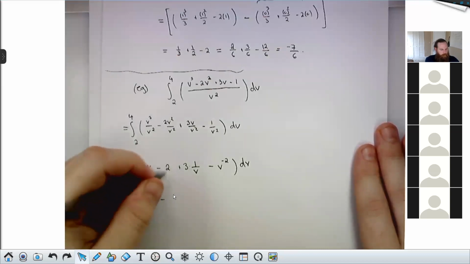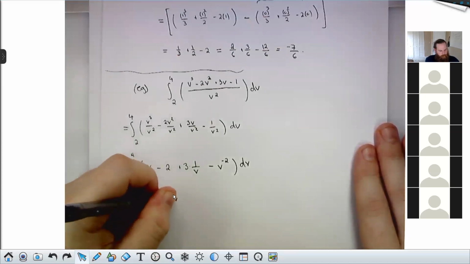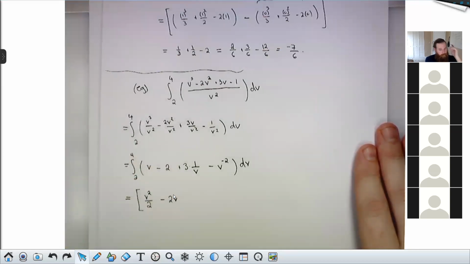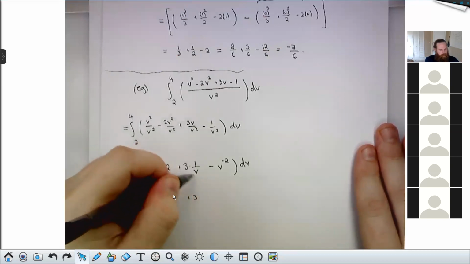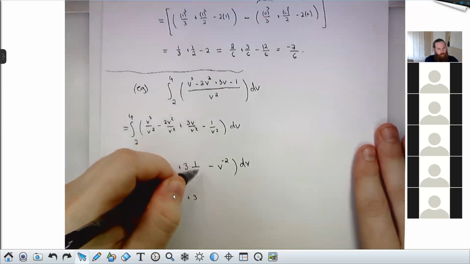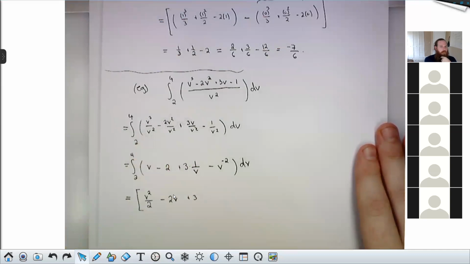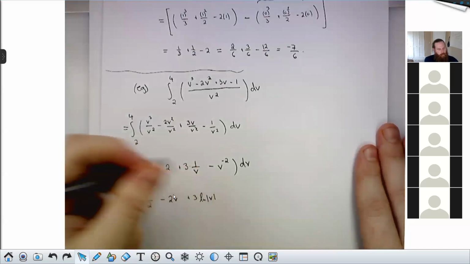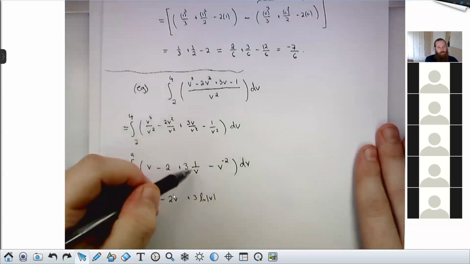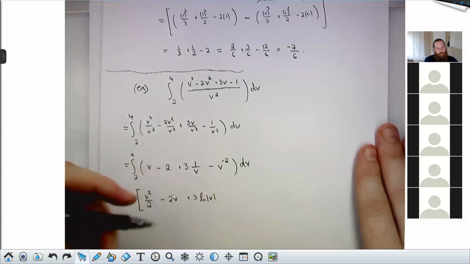Minus an antiderivative for 2 is 2v. Plus 3 times, what is an antiderivative for 1 over v? This one is special. ln absolute value of v. Good. Natural log absolute value of v. Remember, the negative first power is a special case in the power rule.